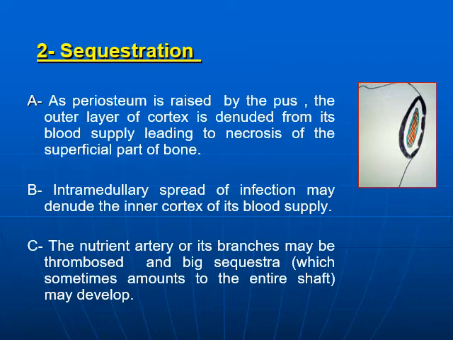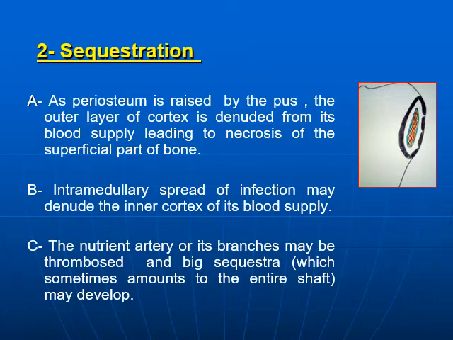So what is the stage of sequestration? As the periosteum is raised by the pus, the outer layer of the cortex is denuded from its blood supply, leading to necrosis of the superficial part of the bone. Intramedullary spread of infection may denude the inner cortex, so that we have both the outer cortex and the inner cortex affected.